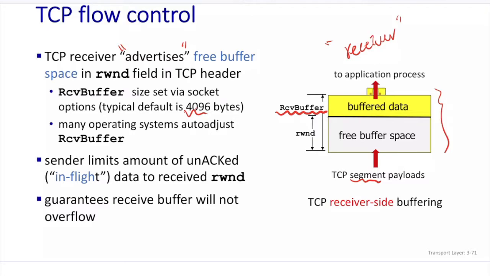So when the sender and receiver transmit and receive those TCP segments, those segments will be put into this buffer, right? Here, there is a value called rwnd, the receiving window.